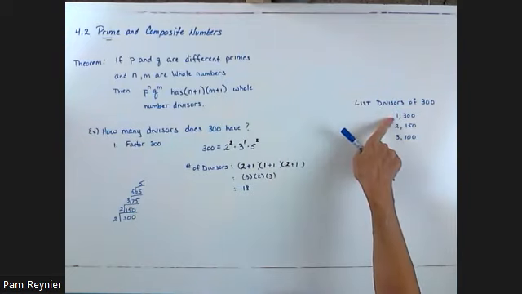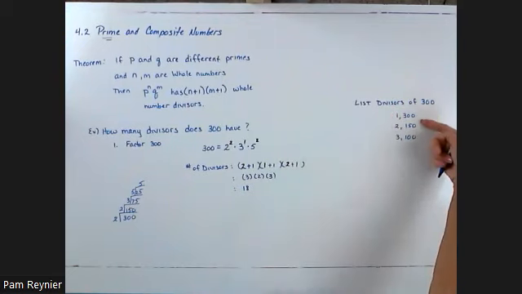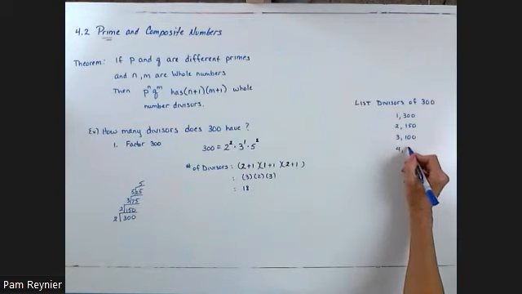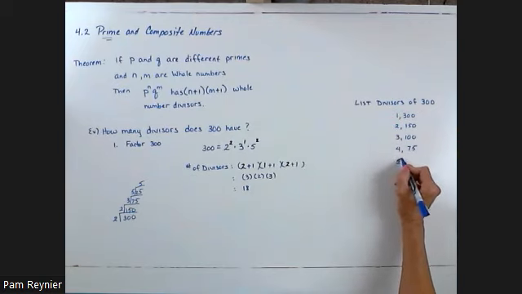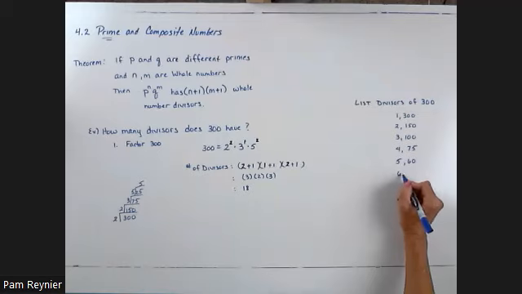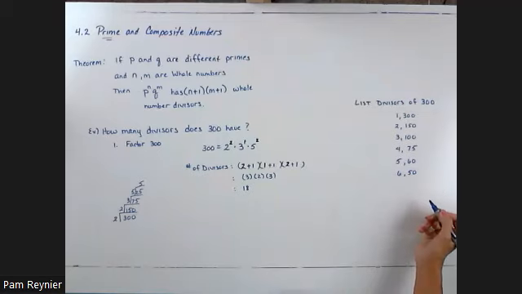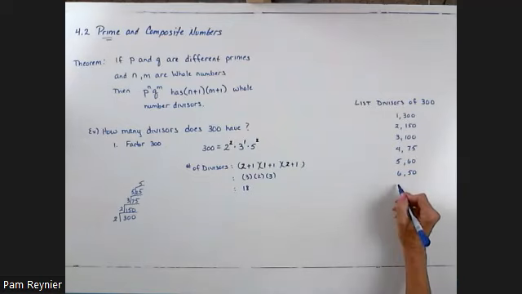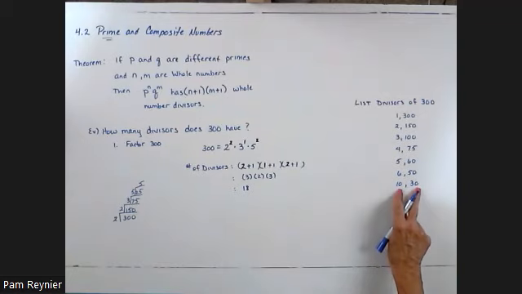And notice as this left column is getting larger, this right column is getting smaller. Well, 4 will go into this 75 times. 5 times 60 gives me 300, which means 6 times 50 gives me 300. The rule for 7 doesn't work. The rule for 8 doesn't work. The rule for 9 doesn't work. But 10 goes into 300 30 times. So notice these numbers are getting closer together.